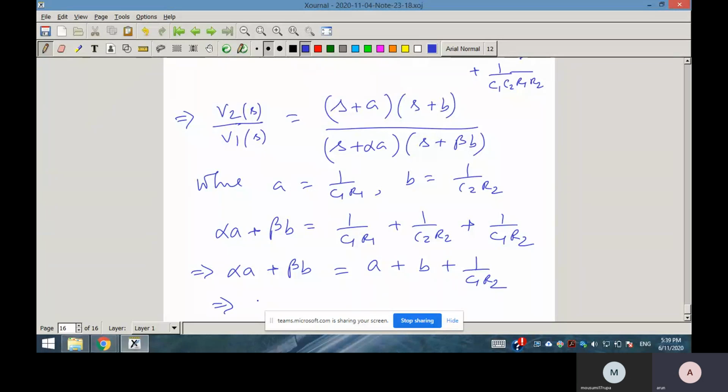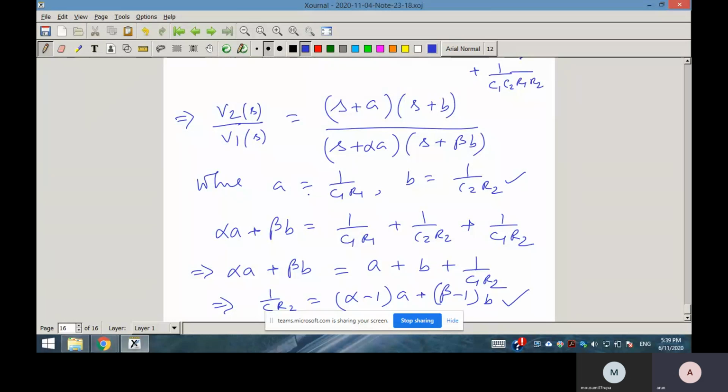So only your 1 by C1 R2 has to be like this: alpha minus 1 into A plus beta minus 1 into B. So this condition has to be satisfied.